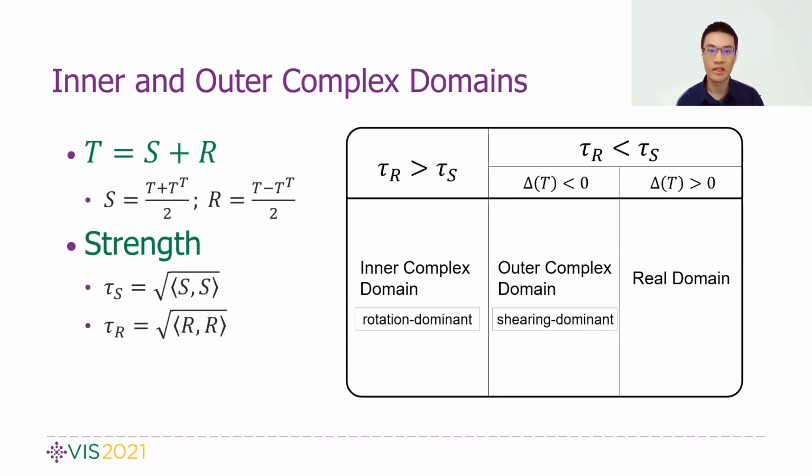Next, we analyze a 3D traceless tensor with the decomposition into its symmetric part S and antisymmetric part R. Unlike 2D tensors, where the strength of R is less than the strength of S, a 3D tensor can be in the compressed domain. Therefore, we define the inner and outer compressed domain for 3D asymmetric tensor fields, which can also represent the rotation dominant and shearing dominant regions.